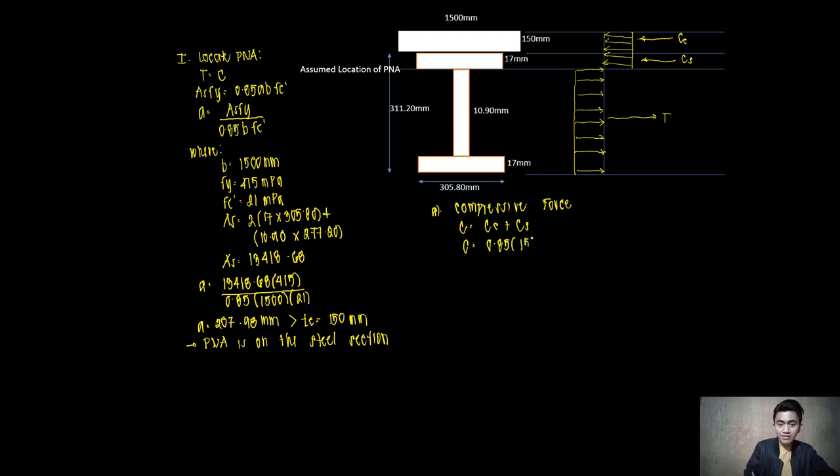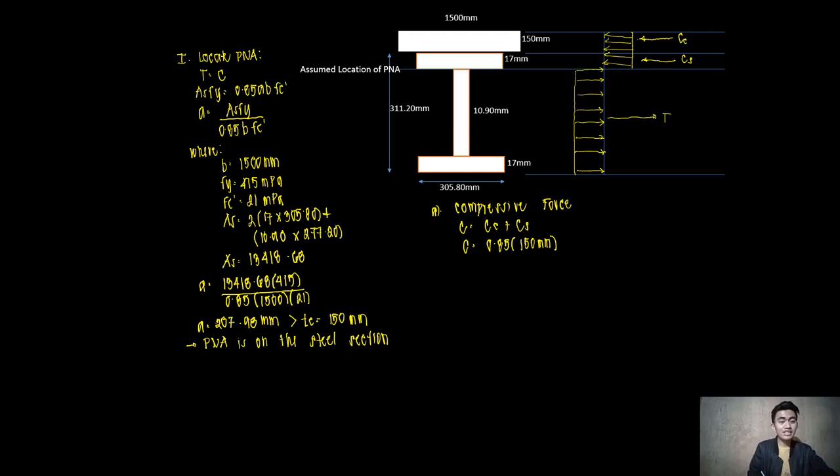equal to 150 mm. Take note, why did I not consider the value of a here? That is because I am trying to determine the compressive force due to the concrete, which is based on our drawing, 150 mm. And as I said earlier, a under case number 2 will not automatically determine the location of our plastic neutral axis.